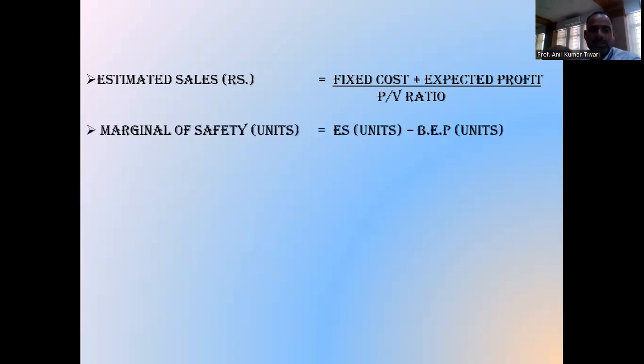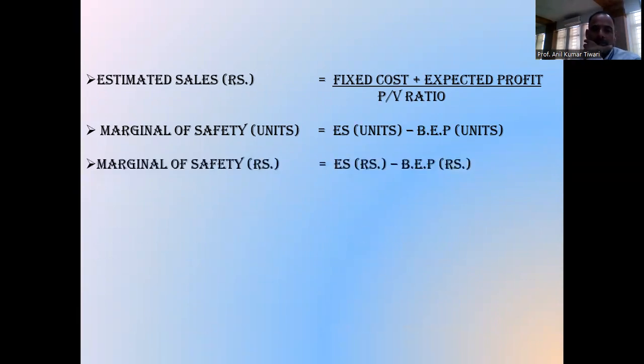Second, the estimated sales in rupees is the fixed cost plus expected profit divided by the PV ratio. The margin of safety in units is the estimated sales minus the BEP. And the margin of safety in rupees is the estimated sales minus the BEP units, multiplied by the selling price.